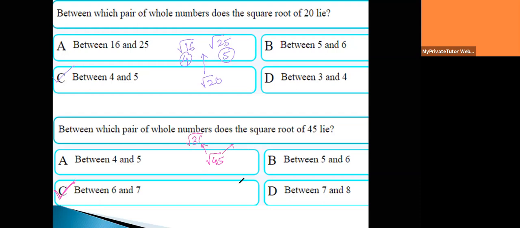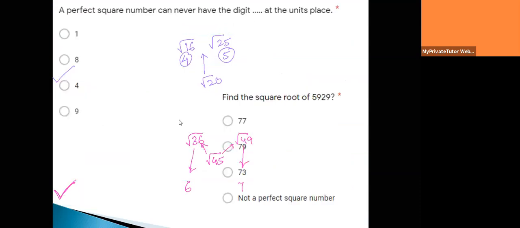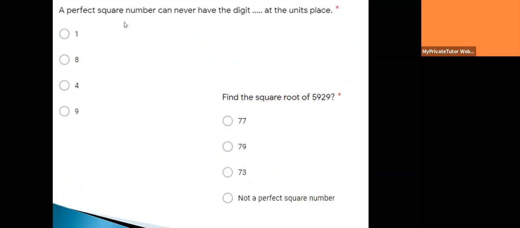The next question. Hope you can see the question though. A perfect square number can never have a certain digit at the end. Which digit doesn't appear at the end? 1849. Which one won't appear at the end? You want me to show the chart?